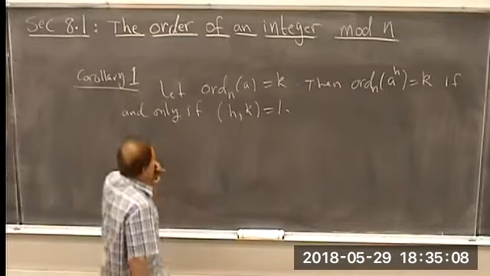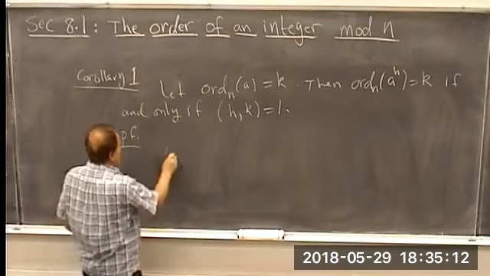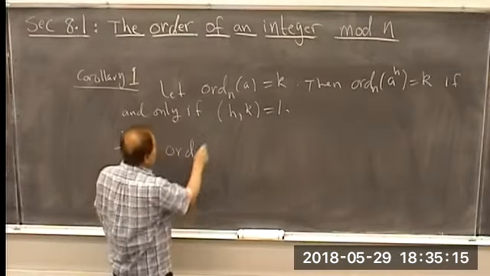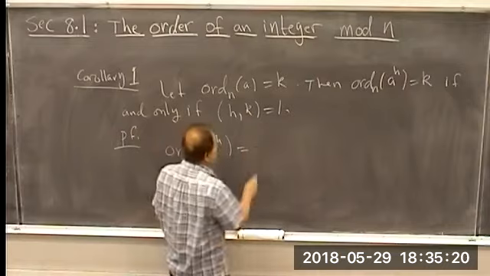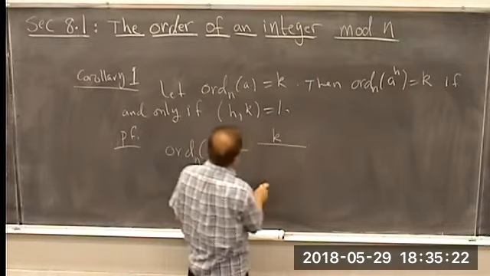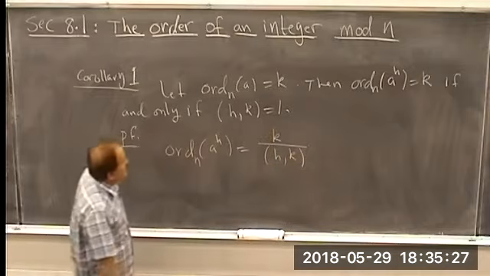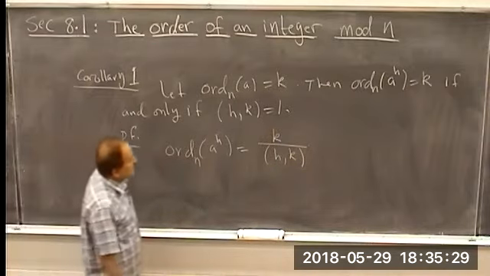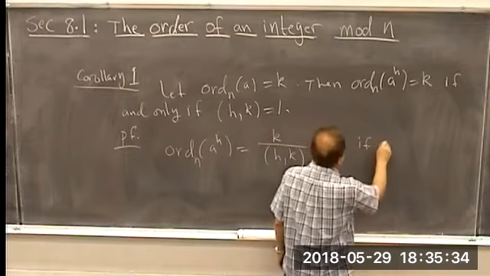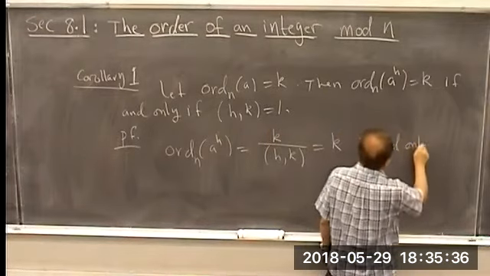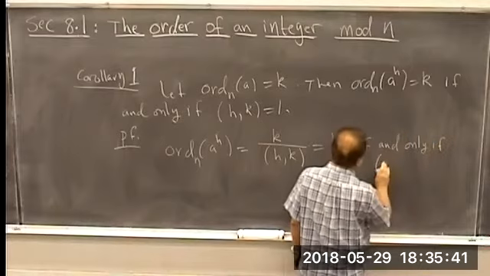All right, this is very simple. Recall that by the theorem, the order of A to the H is equal to K divided by the greatest common divisor of H and K. So this is going to equal K if and only if the denominator is equal to 1.